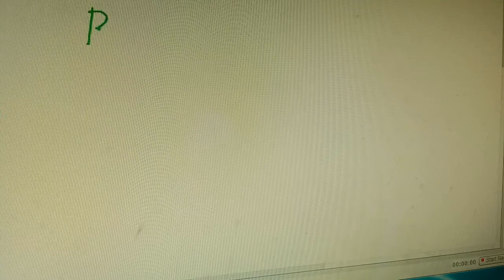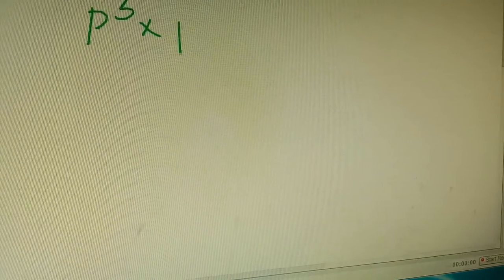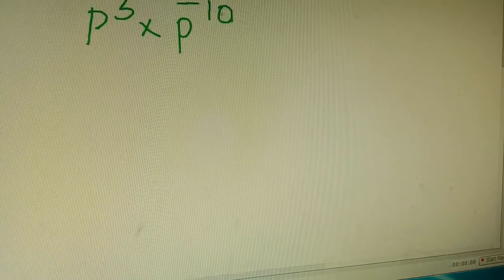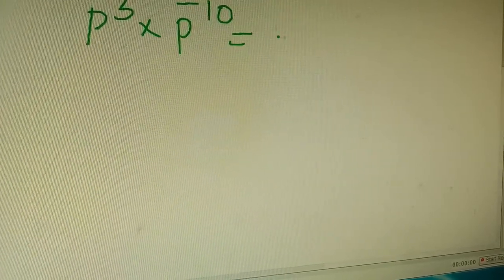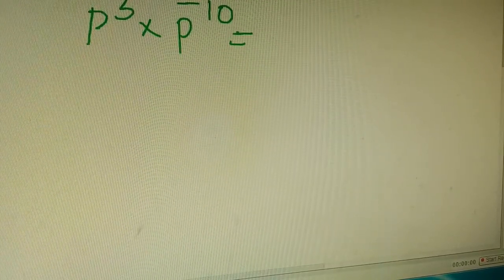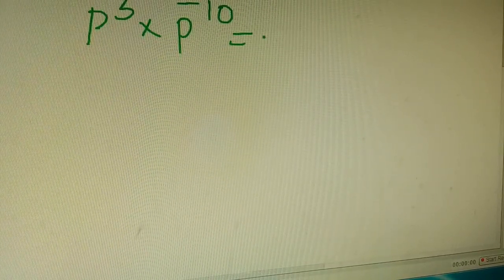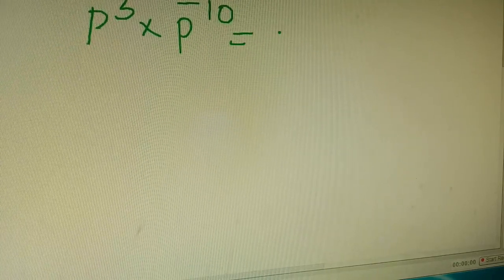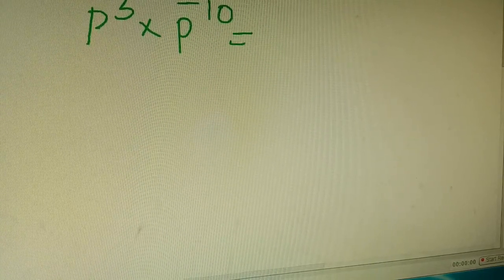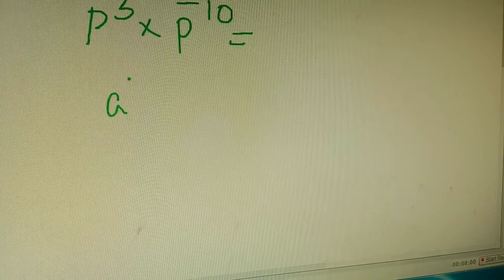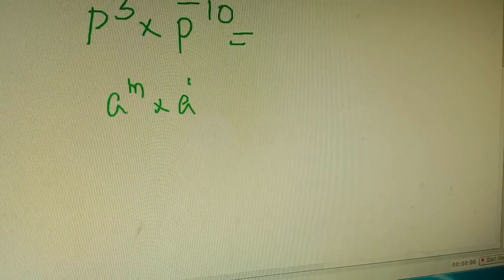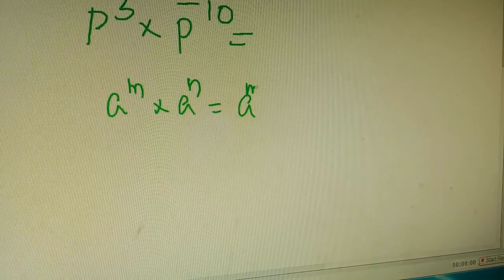Now listen, another question. Here p to the power of 3 times p to the power of negative 10. Here also bases are same but powers are different. So we can apply the same law. A to the power of m into a to the power of n is equal to a to the power of m plus n.